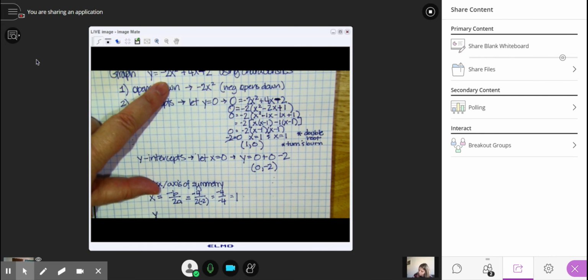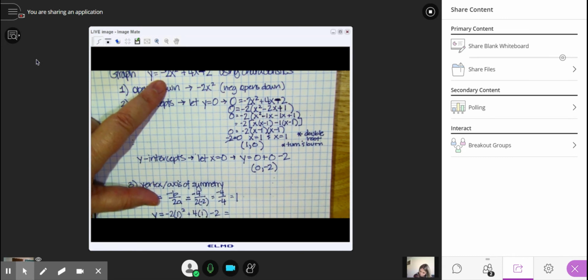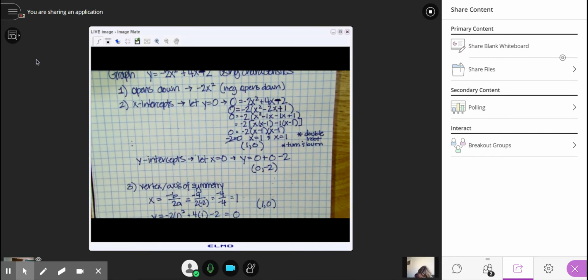And now I'm going to let y equal -2 times 1 squared plus 4 times 1 minus 2. And so I'm getting the 1, 0.